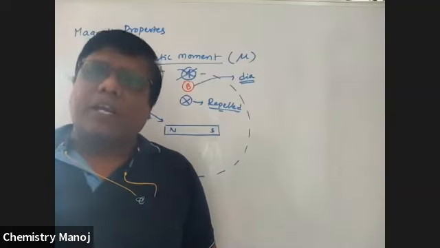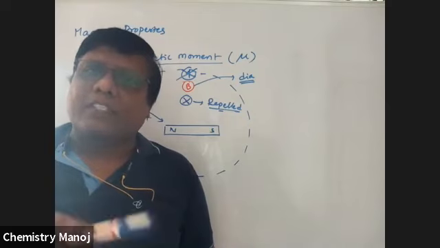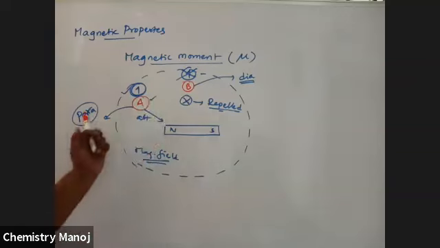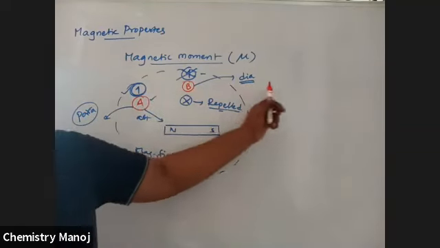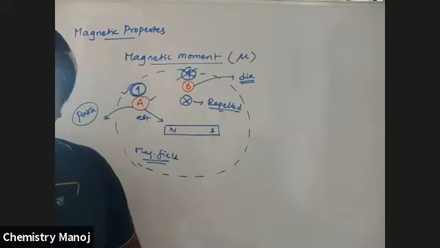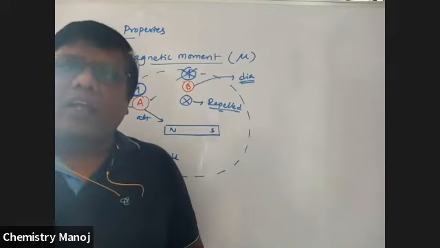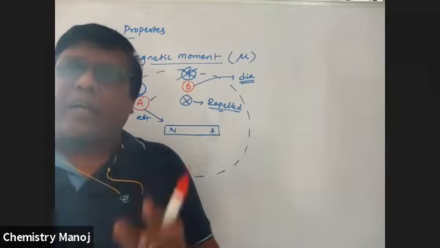Those substances having unpaired electrons are only attracted by the magnet when placed in a magnetic field. All this is only due to the presence of unpaired electrons. Presence of unpaired electrons is paramagnetic, absence of unpaired electrons is diamagnetic.